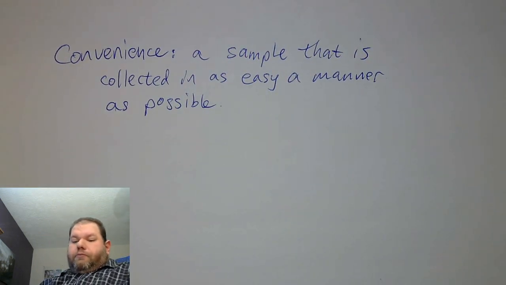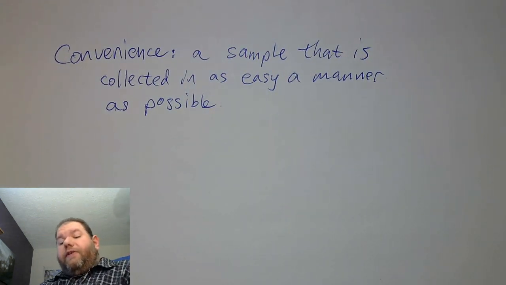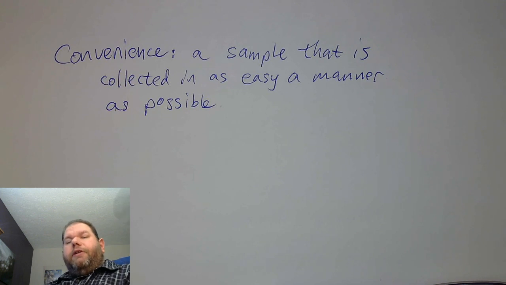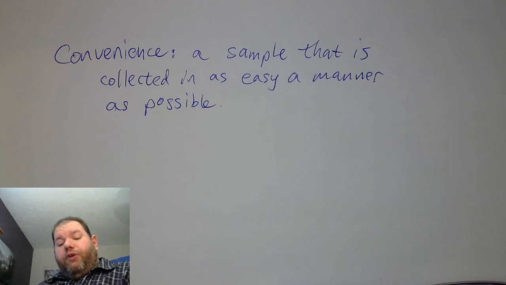So, when we say as easy a manner as possible, there's multiple ways we can collect a convenience sample. One, we could send out a survey to every single household in Midland, Texas, and just whichever surveys are returned, those are the ones that we'll base our results on.